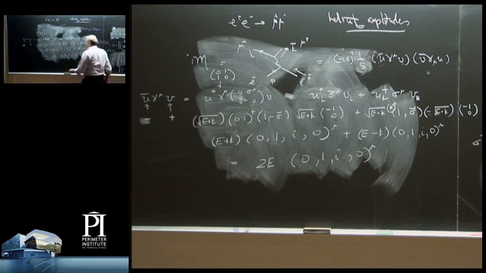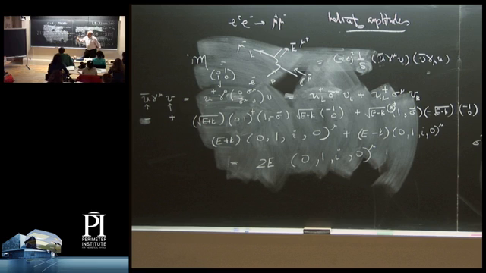And maybe I can write it a little more explicitly as 2E times 0, there's an extra factor of the square root of 2, epsilon minus star, where epsilon minus is 1, minus i, 0. It's the polarization vector for something with minus 1 unit of angular momentum.